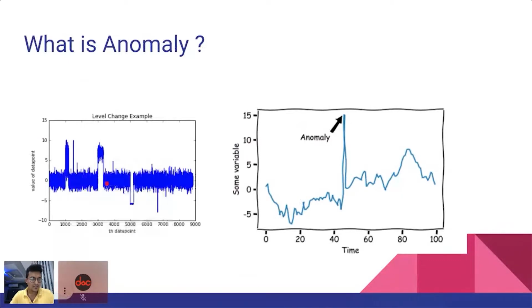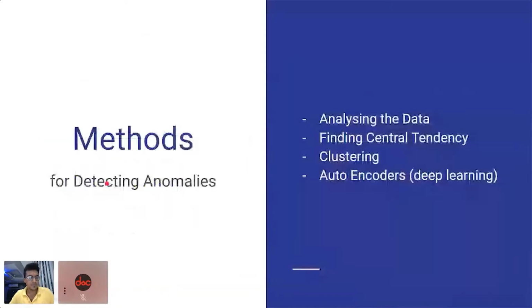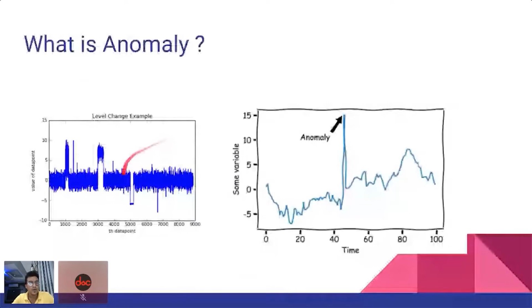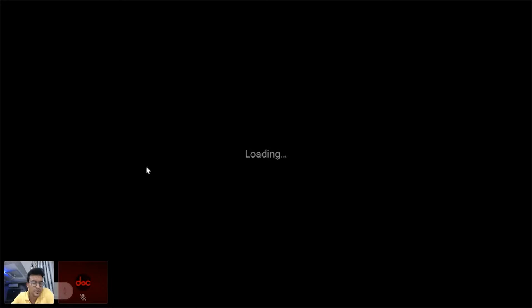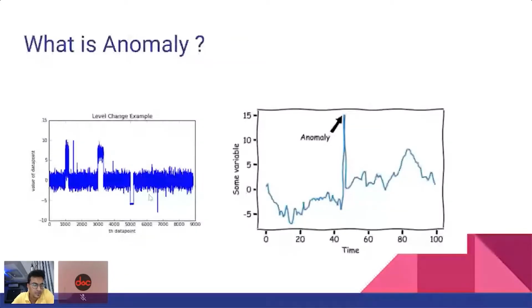And so I was talking about this particular slide here. In this image, these are the anomalies. Like this point here is an anomaly. This is an anomaly. This is an anomaly, right?